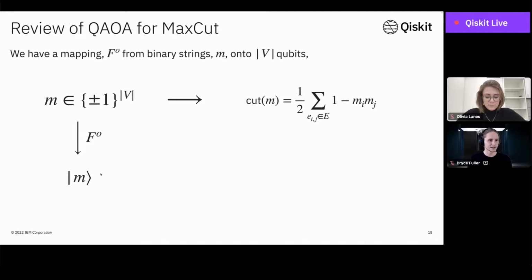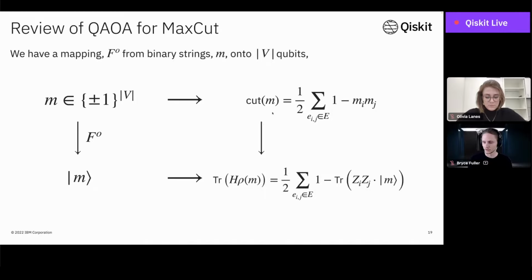There's an analogous mapping that we can do over here on this objective function, which shows that we can represent the objective function of our problem using a quantum Hamiltonian, right? You can see that there are some similarities here.